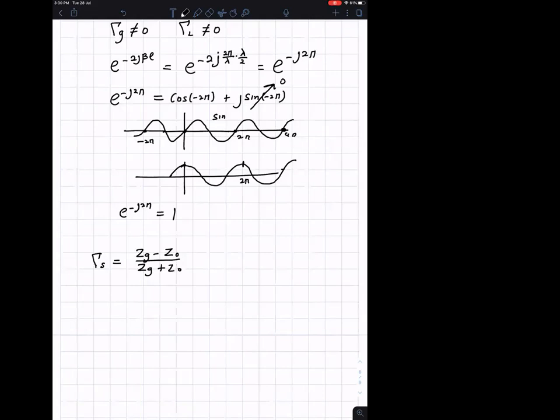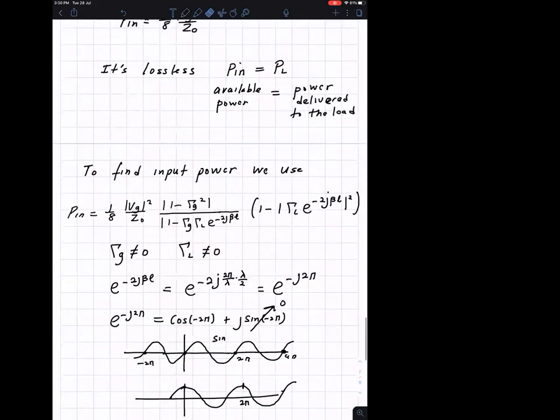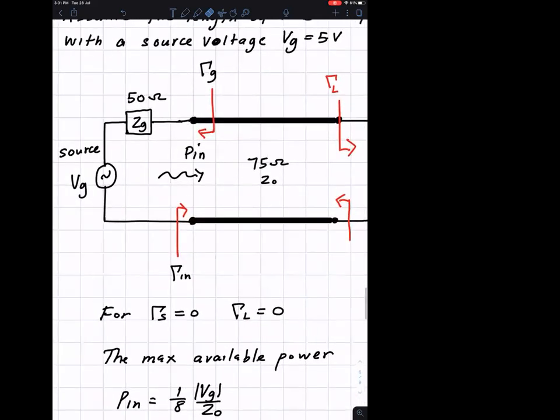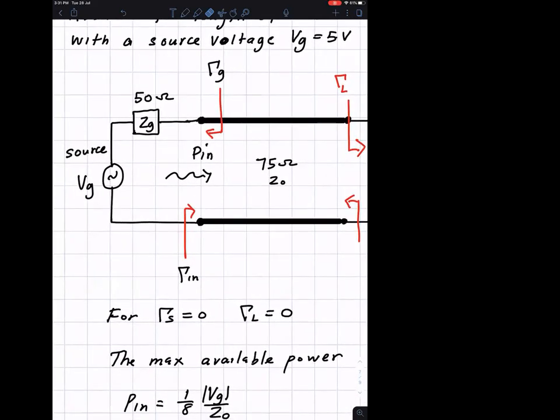Going back to the circuit, the reflection coefficient looking into the generator: when you look inside here, you see Zg, so Zg minus Z0 divided by Zg plus Z0.